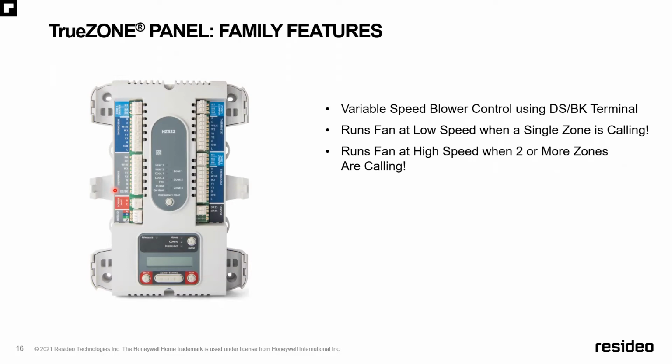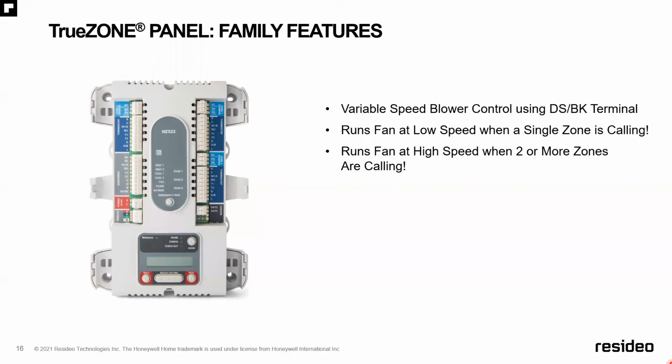And so that Dsbk Terminal works in a fantastic way with a variable speed blower motor because part of what it's capable of doing is telling the air handler or the furnace, through a little white line, hey, we're in the dehumidification mode.